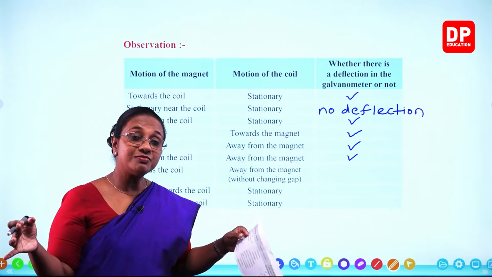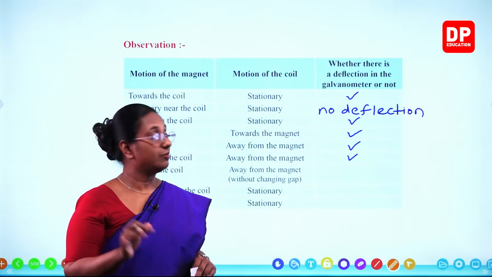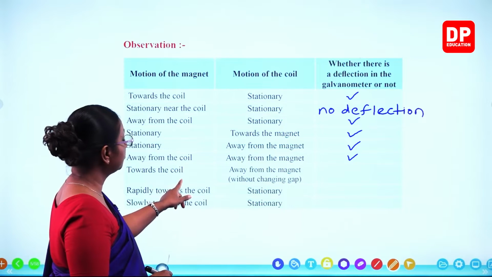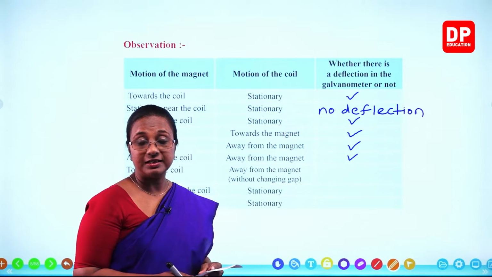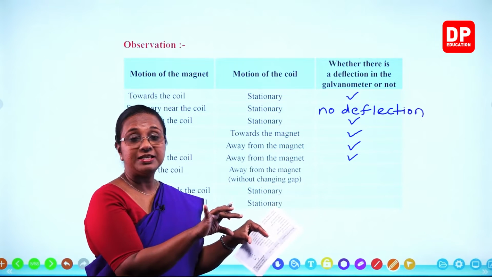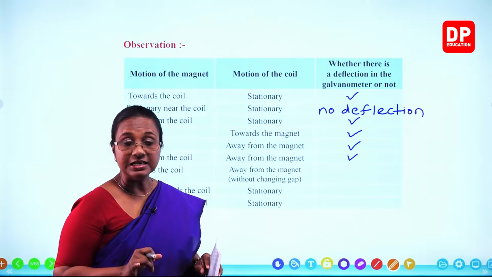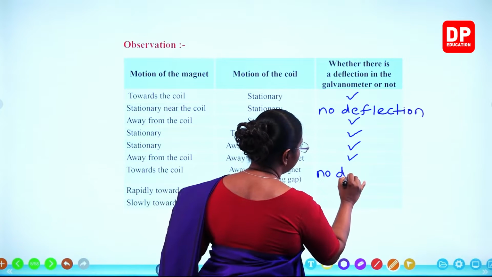But once they were far away from each other, there was no deflection. You can remember that. Then the magnet was moved towards the coil and the coil was moved away from the magnet. So that is maintaining the gap between the two. We moved both of them together simultaneously. Then also there was no deflection.